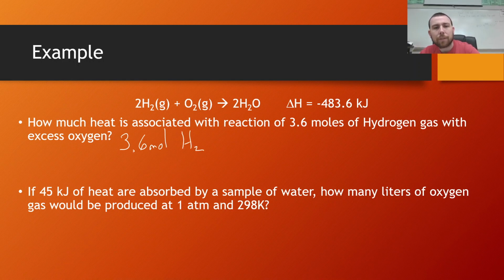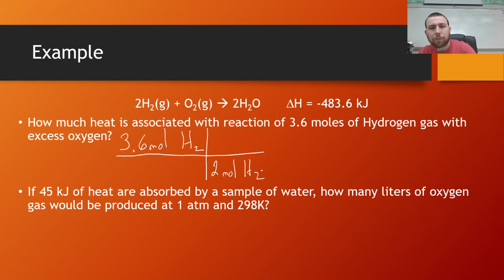Based on my thermochemical equation, this reaction is telling me that for every 2 moles of hydrogen that's consumed, it's going to release 483.6 kilojoules of heat, right? And so we have 3.6 times 483.6 divided by 2.